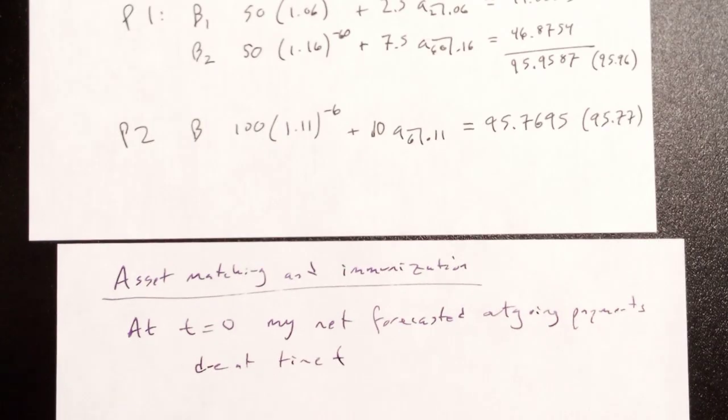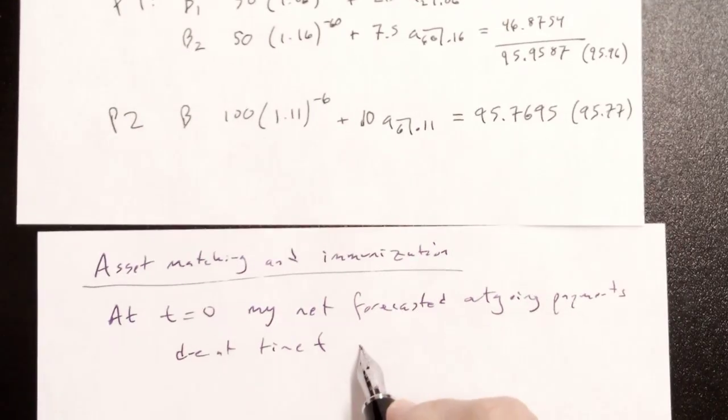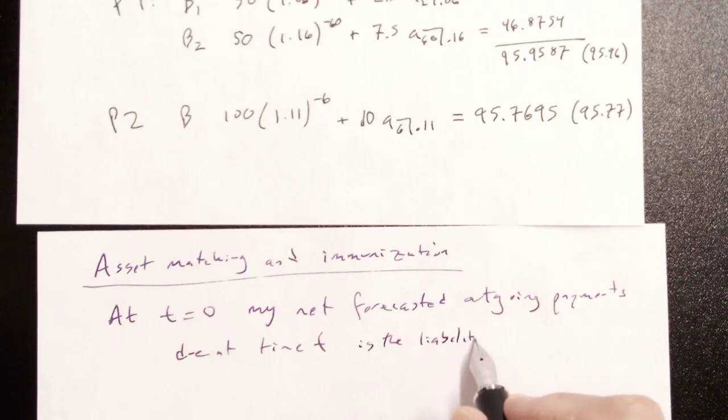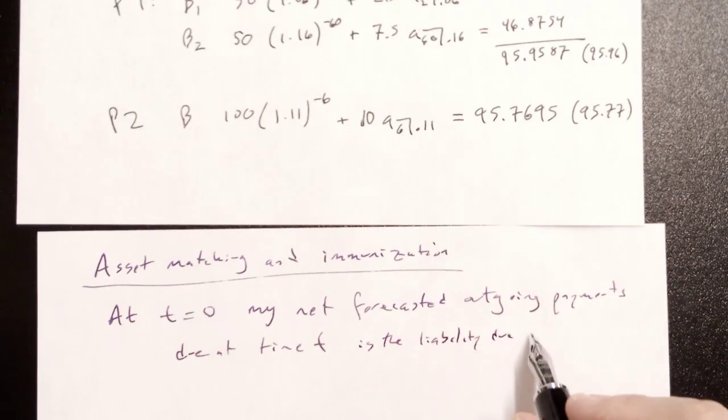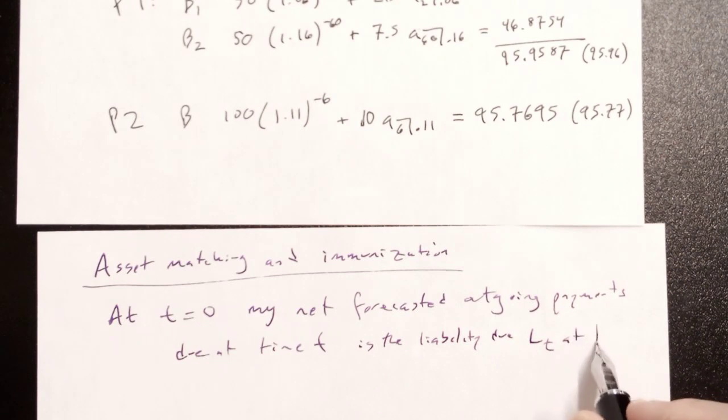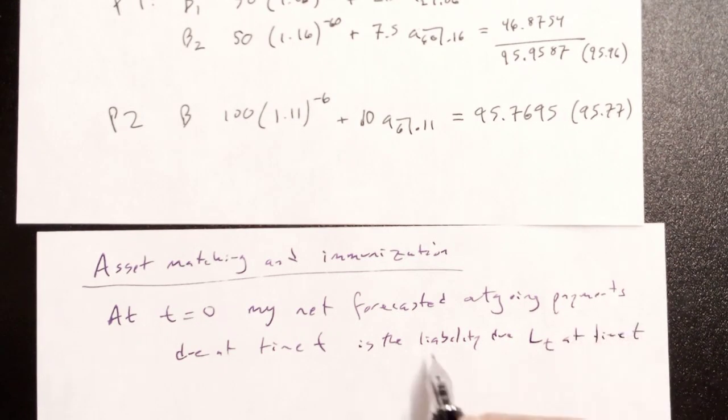So I take whatever payment I'm going to owe at whatever time. I bring it back to the present value today. And I call that liability due, L_T at time T.